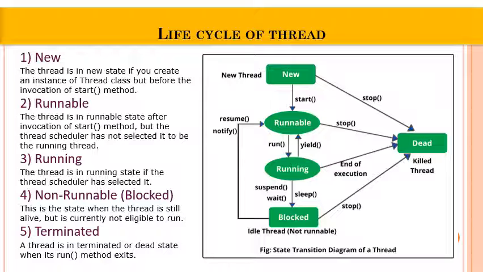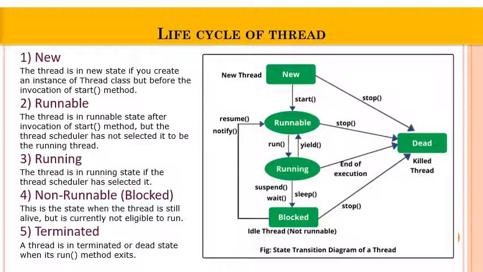So new, that is the newborn state. When we create the thread object, the thread is born and it is said to be in the newborn state. The thread is not yet scheduled for running. At this state, we can do only one of the following things: it will be scheduled for running using the start method, or it will be killed using the stop method.